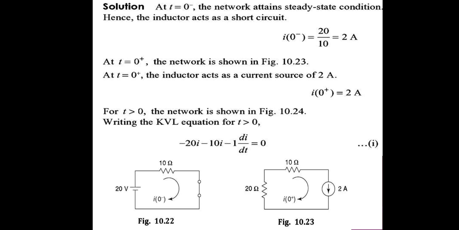For the network 10.23, we found I of 0 plus is 2 A, but we need to consider t greater than 0. Applying KVL in the circuit 10.24, we get the differential equation: the equivalent result of KVL is 20 minus 20i minus 10i minus 1 into di/dt equal to 0.